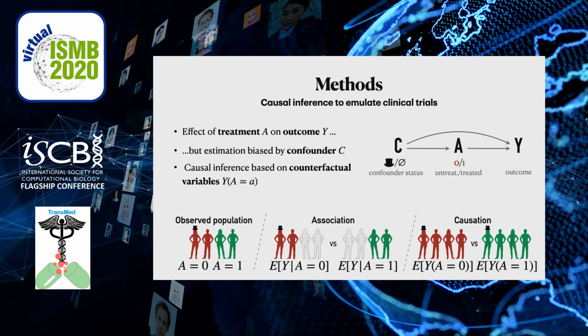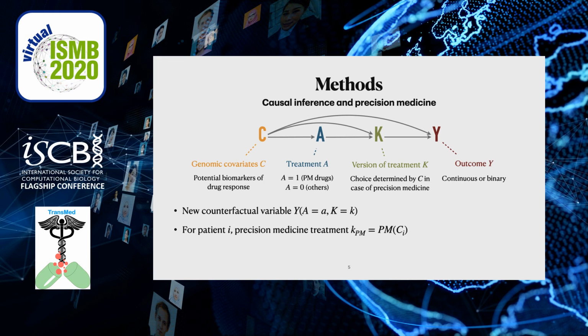And this is based on counterfactual variables, which we write Y(a), and Y(a) is the value of Y if A is equal to small a, even if that's not the case in observational data. But of course, those are maybe difficult to estimate. Before talking about estimation, just a slightly more detailed view about precision medicine, because in this case, we have to use one more variable.